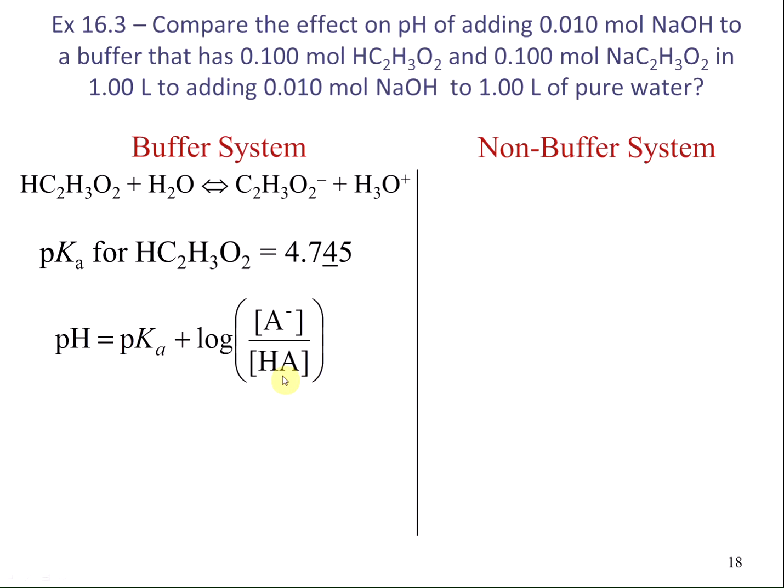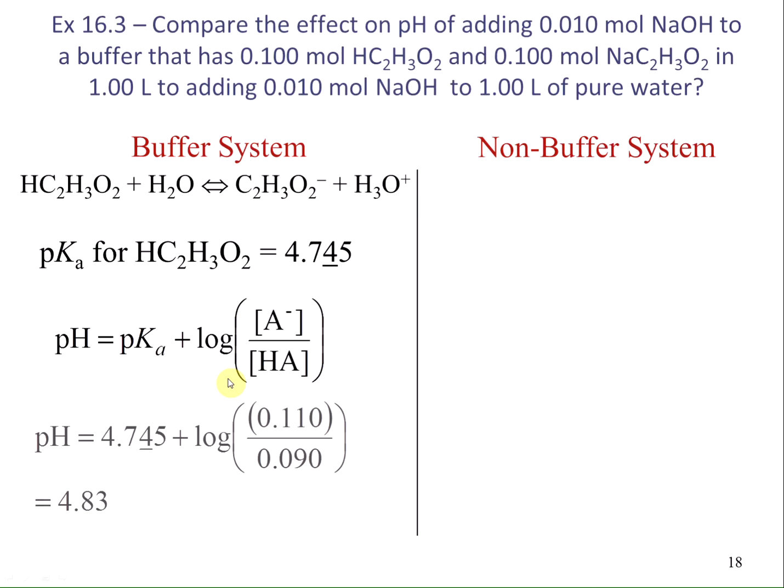And if we set up our Henderson-Hasselbalch equation, pH equals the pKa plus the log of the base over the acid, I substitute in my pKa value and my concentration of the weak base. That weak base concentration comes from my sodium acetate plus the 0.01 moles that was created when the sodium hydroxide neutralized the acetic acid.